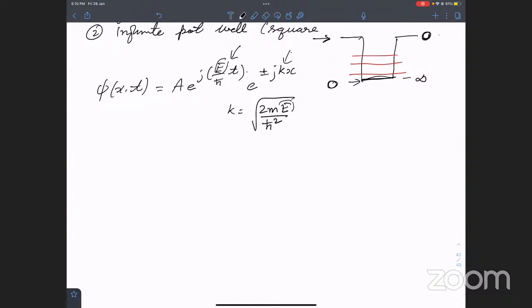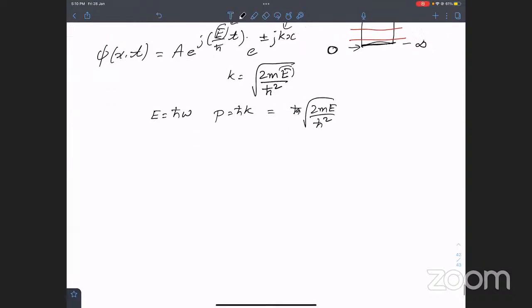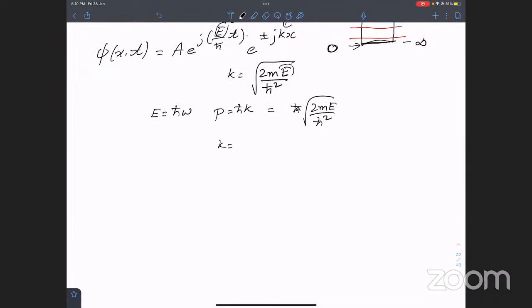So for this free electron, the energy is h bar omega, and the momentum is h bar k, which is actually equal to h bar into root 2mE by h bar square, or k is nothing but root of 2mE by h bar square.